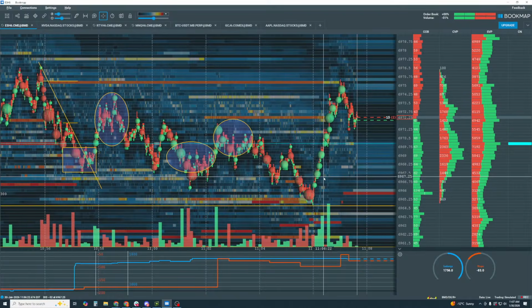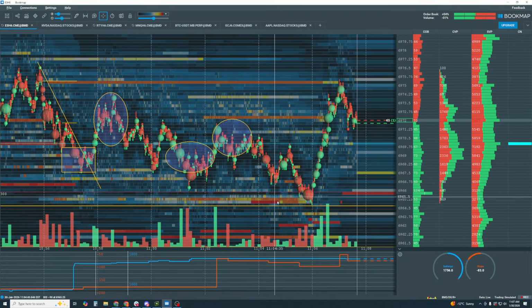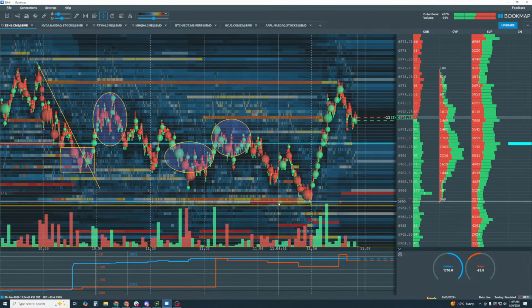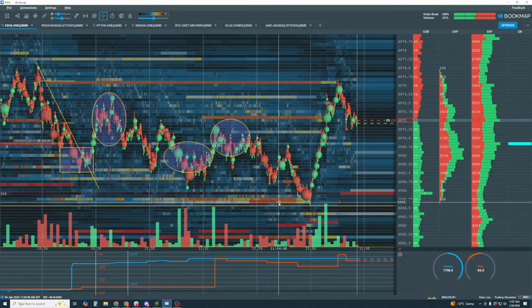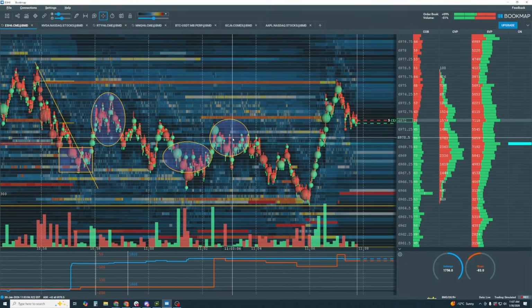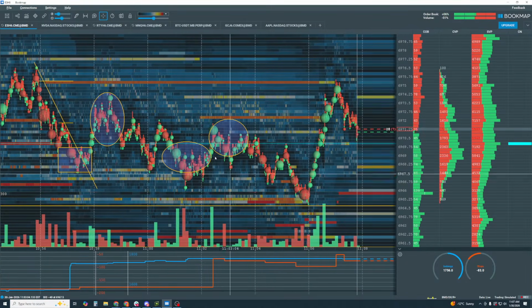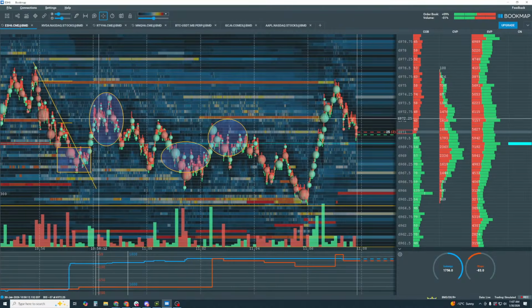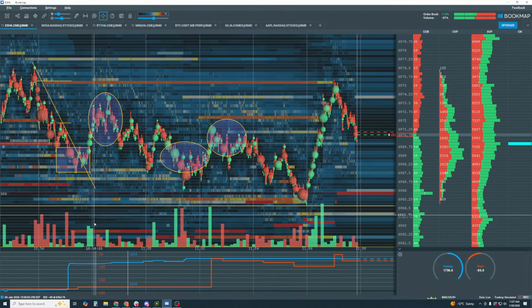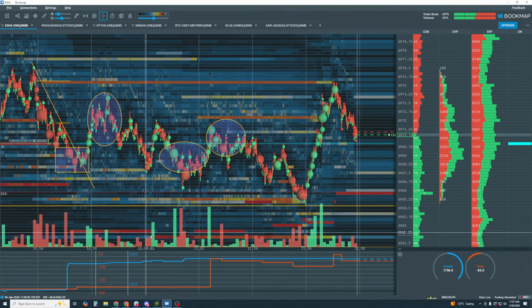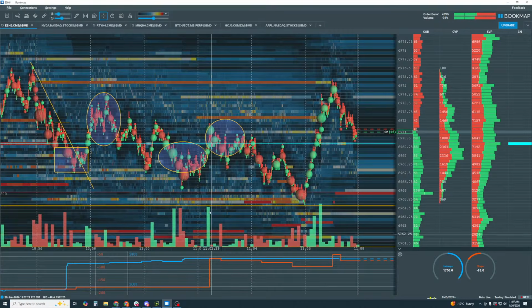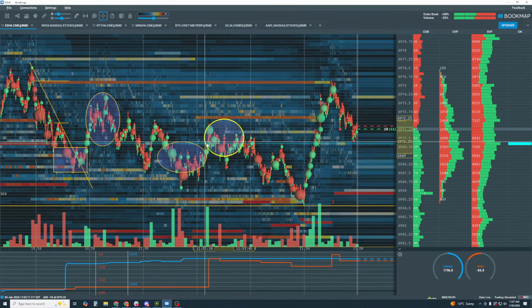Okay, again, context. We do have buyers on the bid in here. Okay, and we have some clusters of buyers in here that we noted earlier. In fact, we noted on this little scalp over here, which was kind of paltry compared to some of these in here. Actually, this actually looks better, right?